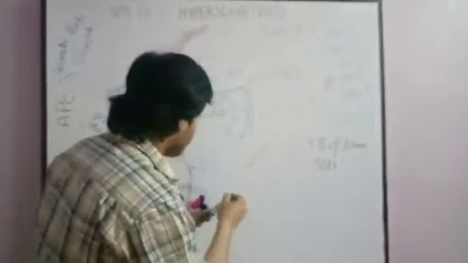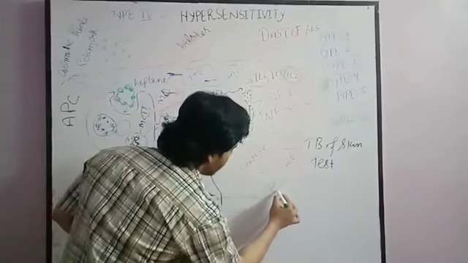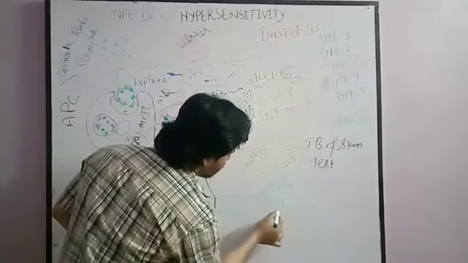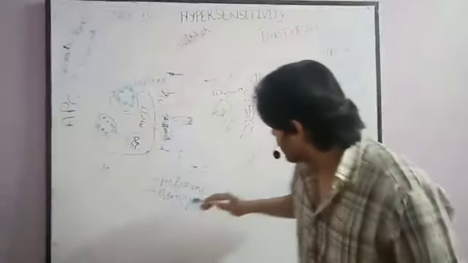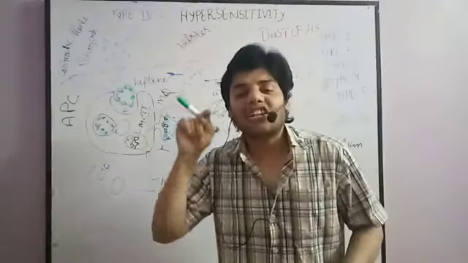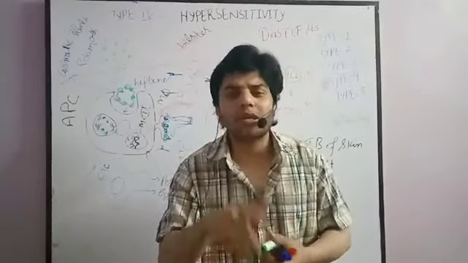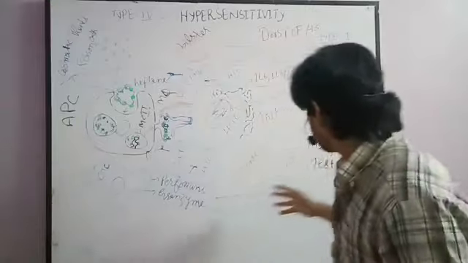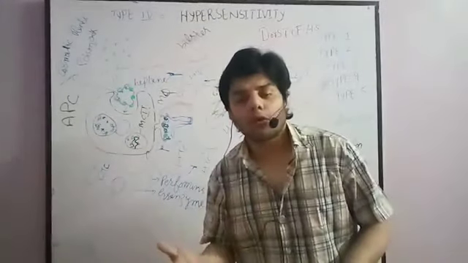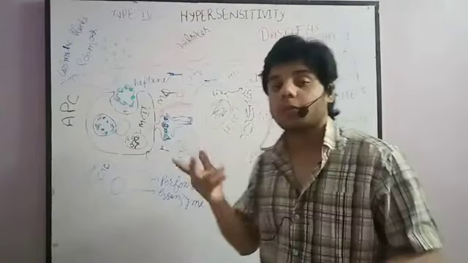Let's suppose this is the hand of the patient. Usually we inject tuberculin into this hand. Tuberculin is actually a liquid of proteins which we obtain from Mycobacterium tuberculosis. From this bacteria we can obtain tuberculin proteins.